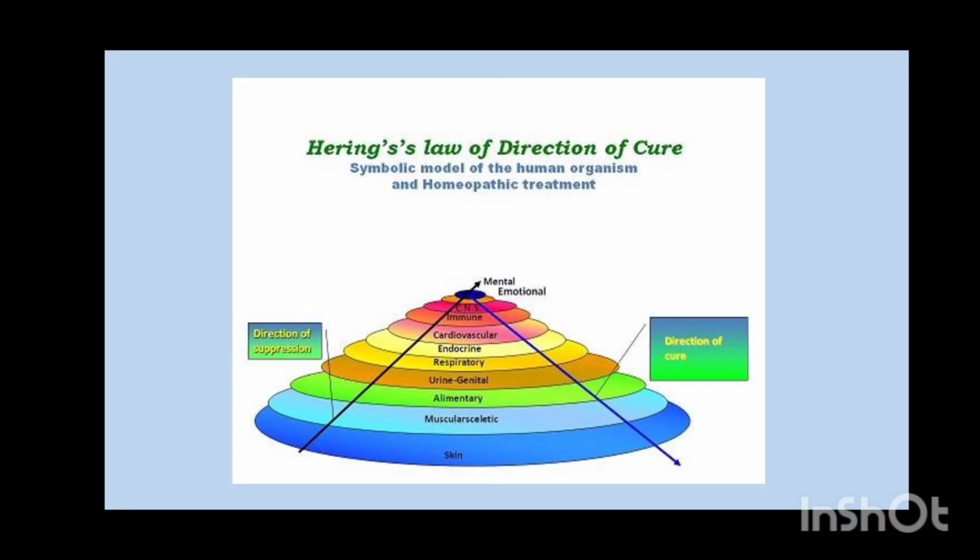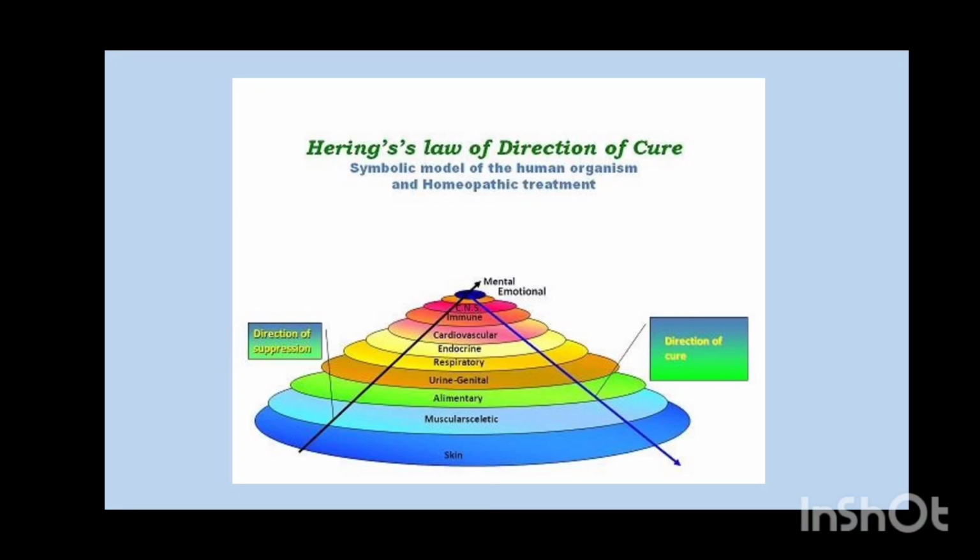As you can see here, there are two arrow marks, one suggesting the direction of suppression and another suggesting the direction of cure. If you take a close look at the picture, you can see different levels. In the direction of suppression, first the skin is suppressed, and then the musculoskeletal system, alimentary, urinogenital, respiratory, endocrine, cardiovascular, immune system, central nervous system, and next to the ultimate level, the mental and emotional suppression also takes place.